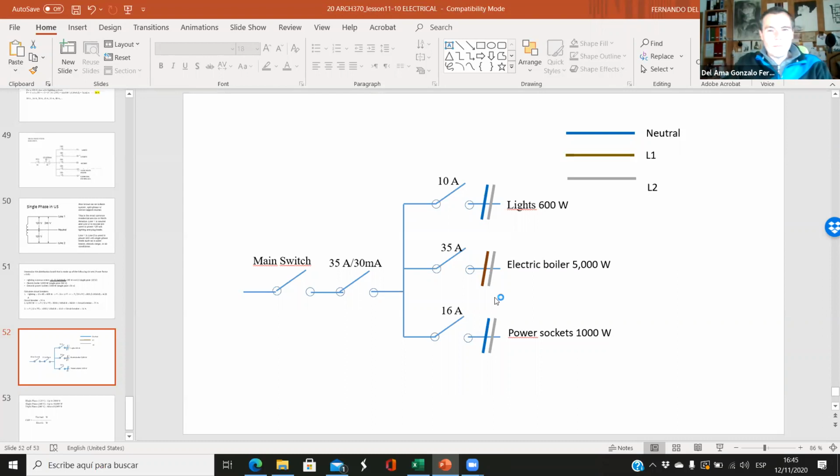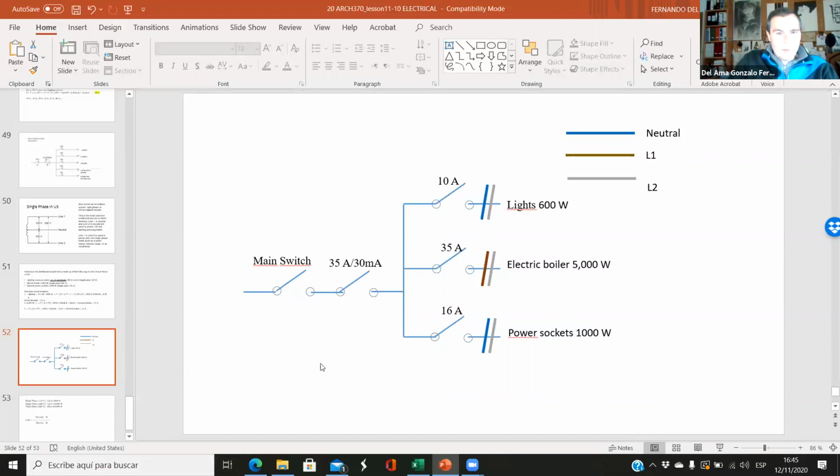But at least this rough estimation of, okay, do you need a single phase system or a three-phase system? That depends especially on the heating and cooling. If you include electrical heating and cooling, you would need a three-phase system. And then what is the maximum power that you need to declare to the company? That's another relevant question that we should be able to ask in the design process.